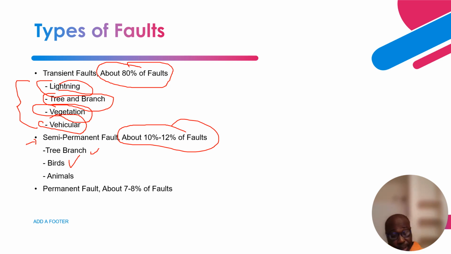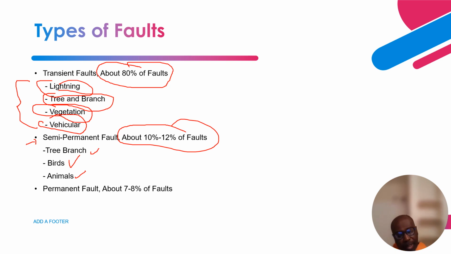And sometimes they hang in there until patrol operators come and find the bird and remove it, right? Then you can have animals, rodents, squirrels and all those things, they also can cause a semi-permanent fault. Squirrels can bridge phase-to-phase conductors and cause a semi-permanent fault.